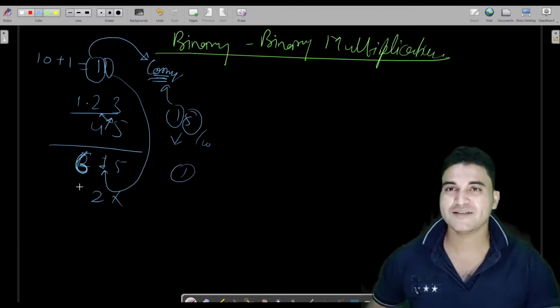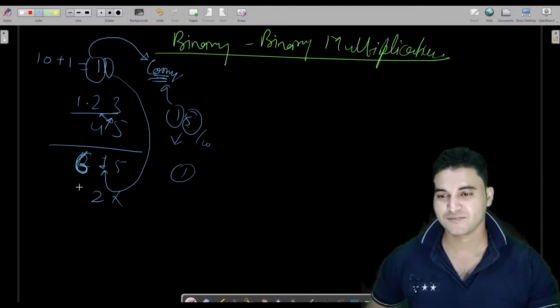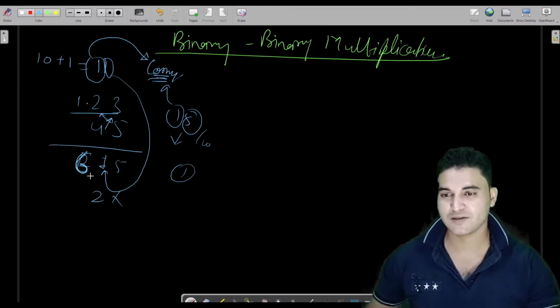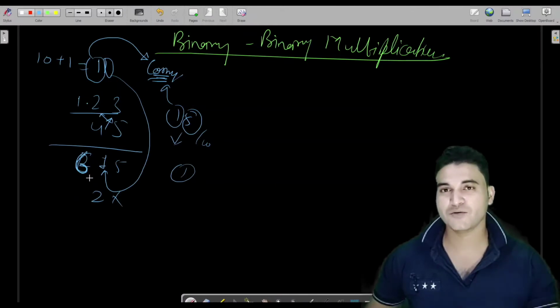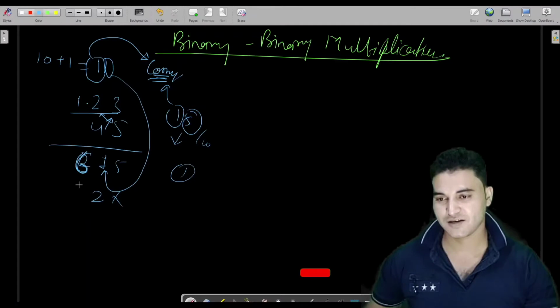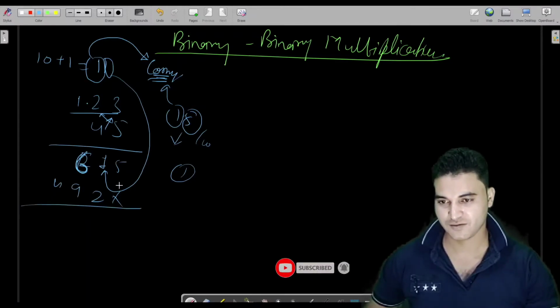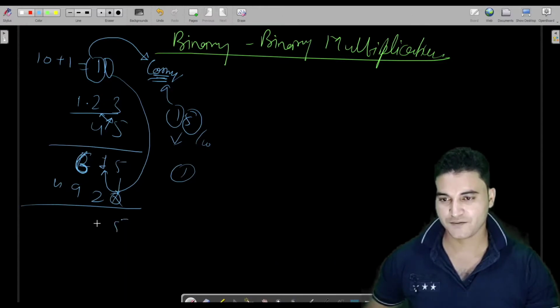You might be thinking he is just teaching second or third class mathematics, the addition of two numbers, but this is the logic we are going to use in the binary system. Then we add the two rows to get the output.